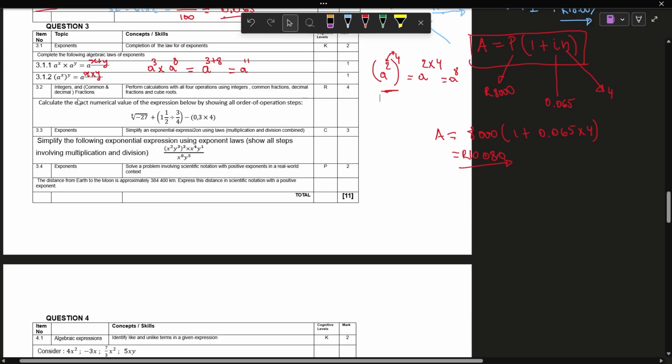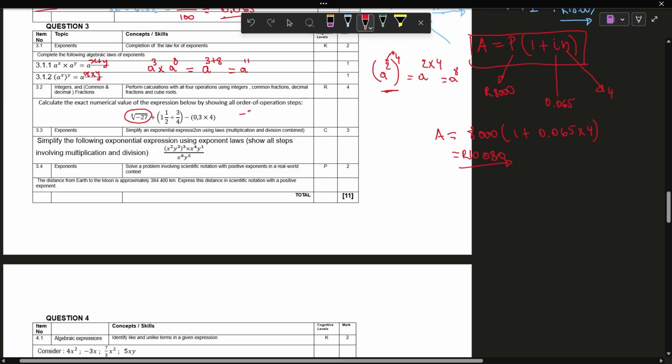Okay, 3.2. Calculate the exact numerical value of the expression below. Okay, the exact numerical value. So what you do in this instance, you can use your calculator if you need help or assistance, but otherwise you can start with the first term here.